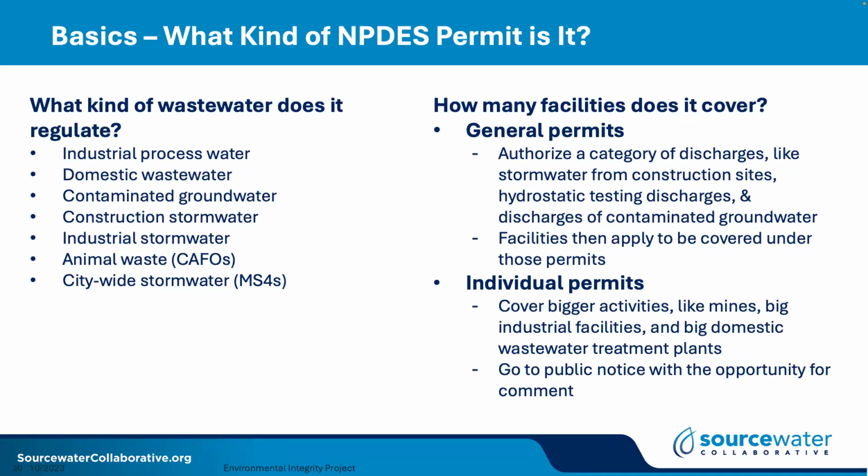And that permit will go out with general conditions for all of the auto recyclers in the state. And so that's when you're going to be commenting on that, not on the particulars of the facility that's right upstream from you. So that's a general permit.